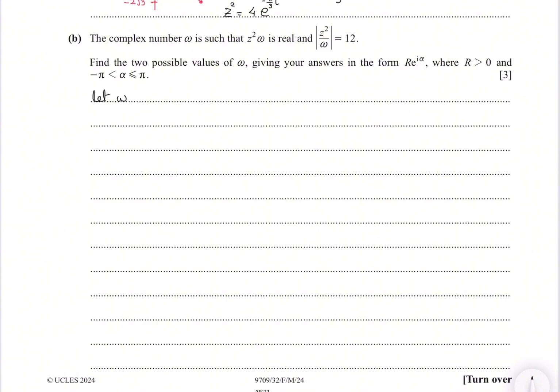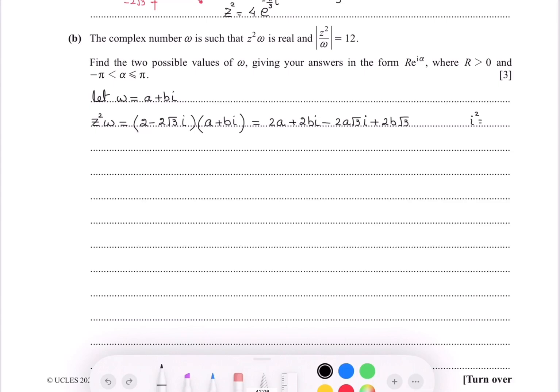Alright, we have to let w equal a plus bi. So z squared w would be 2 minus root 3i times a plus bi. Now multiply these two brackets. You will get this. i squared equals negative 1. Again, I am writing it for your memory.